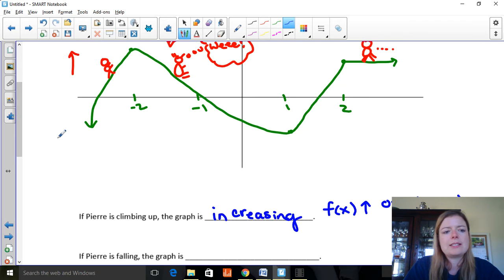So the function is increasing from negative infinity, it's been increasing this whole time until it gets to -2, and it's increasing again from 1 to 2.